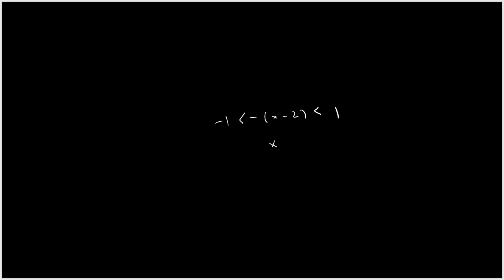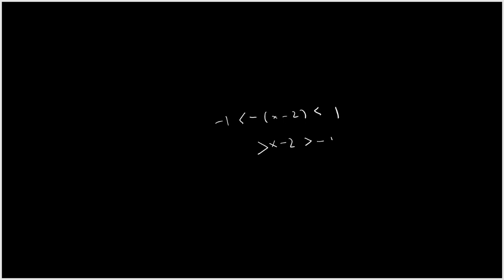By that we mean you multiply all the terms by negative 1. So do not forget, when multiplying all the terms by negative 1, you change the direction of the inequalities. You change from less than to greater than. High school math, you learned that. It's not anything new.